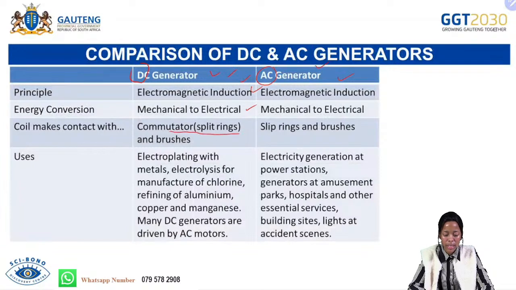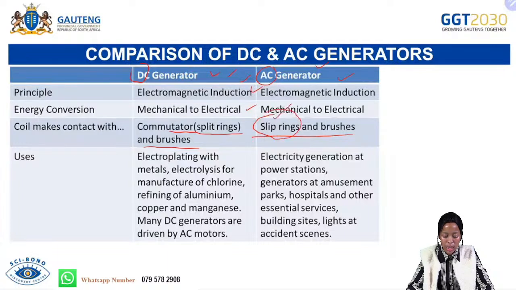What does it have? It has a commutator. But the commutator, you need to write what? You need to write a split ring commutator. And the brushes. But with AC generators, you need to make sure that you write what? It has slip rings. So very important, know or write the correct spelling.